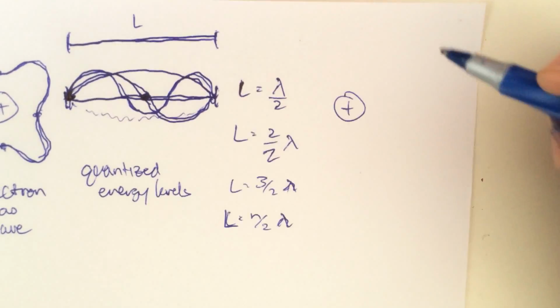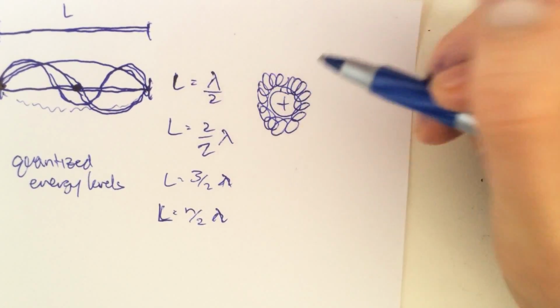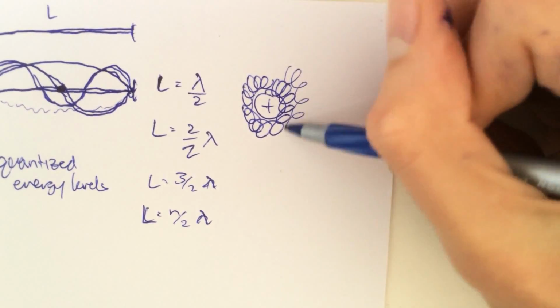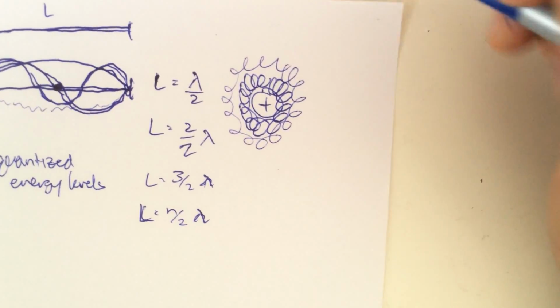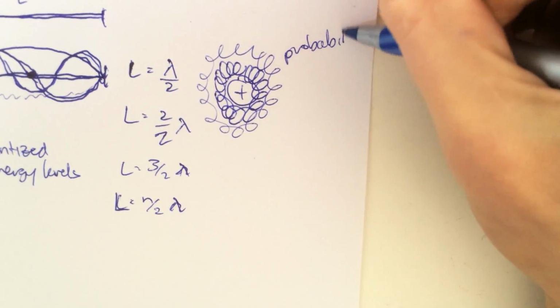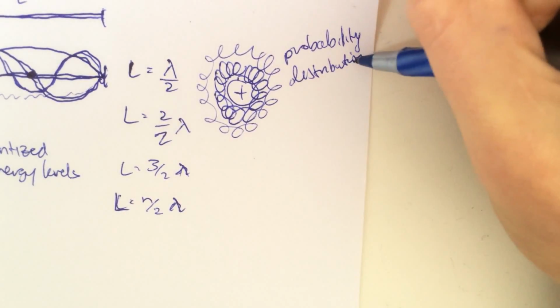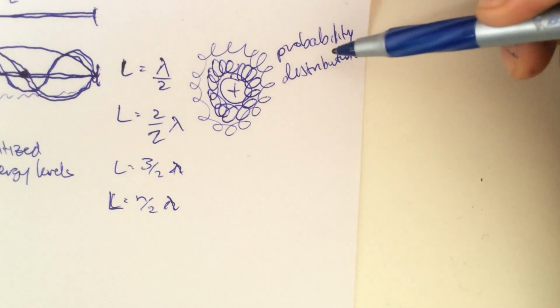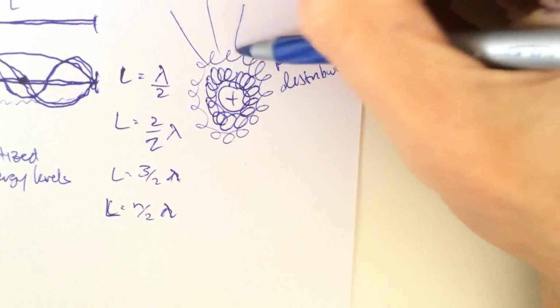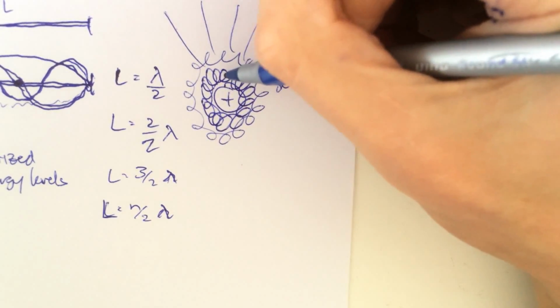Another model we have to talk about is where we have an undefined distribution of where the electron could be. This is what we would call a probability distribution. The reason we call it that is because only when you shine light onto this atom do you see where the electron is.